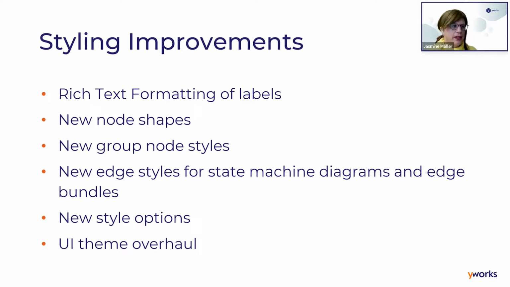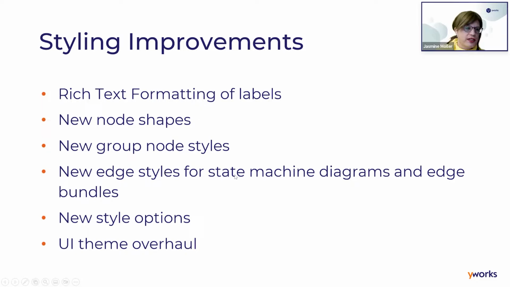What do we have here? A new feature is that finally it's possible to format labels in a more reasonable way, as you can apply rich text formatting to labels. We have added a whole bunch of new and improved node shapes. We have also improved the handling and the look of the group node styles.